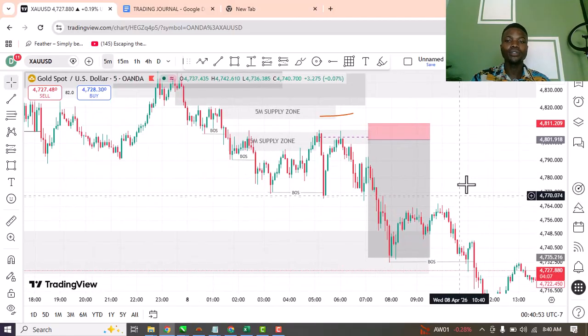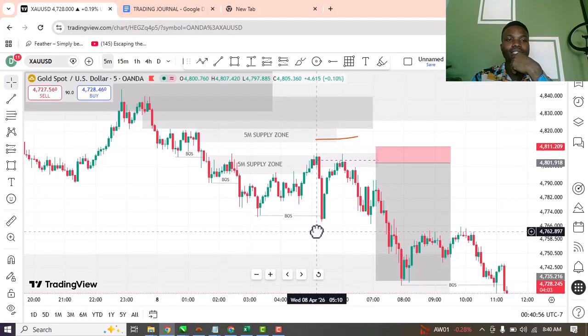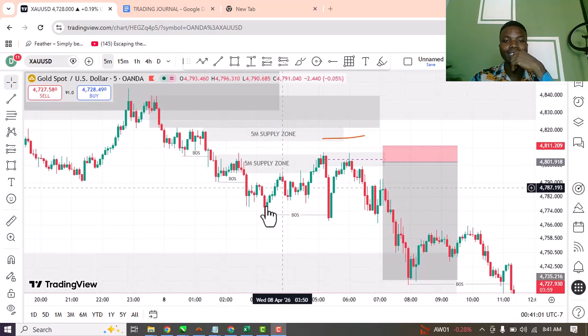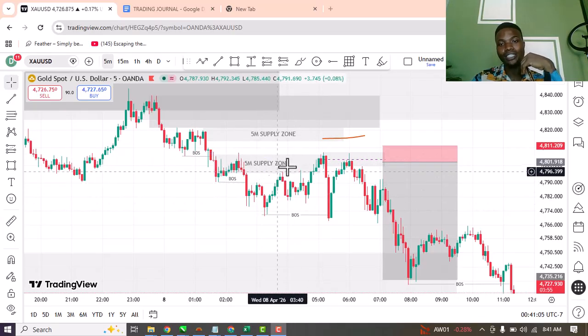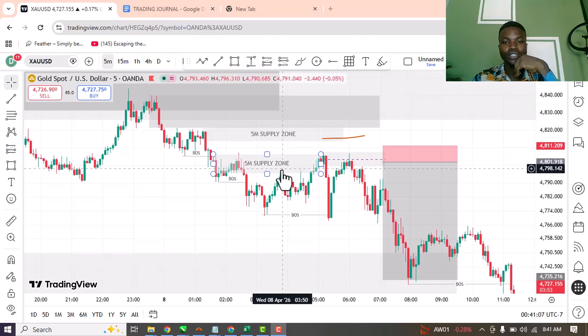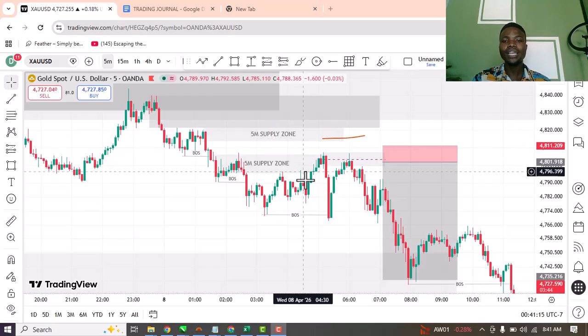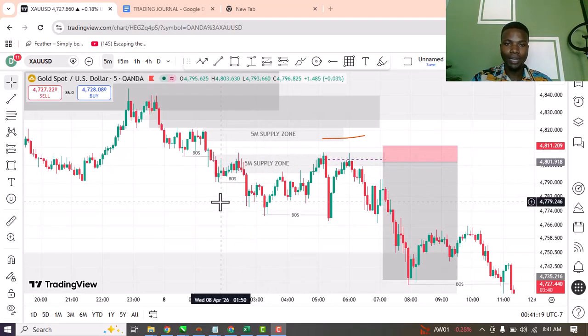And one thing I will not forget to say is that yesterday afternoon, on this 5 minute chart, price was approaching, and I was expecting that price would either respect this zone or this zone. But yesterday afternoon, around 2 p.m., I saw that price was reversing from this 5 minute supply zone.